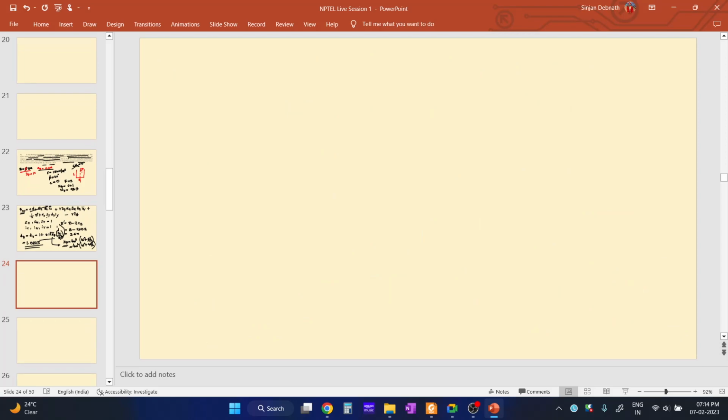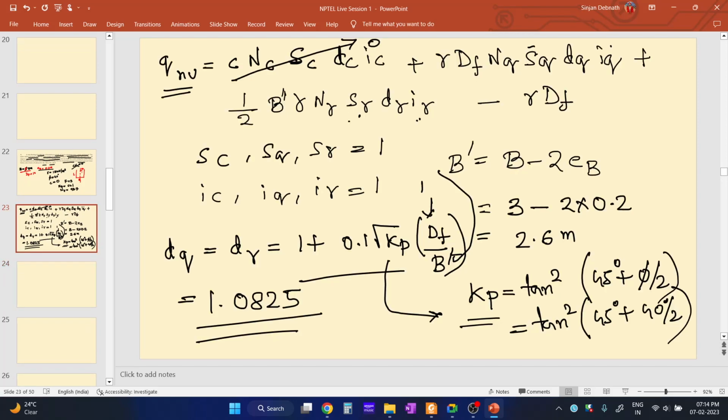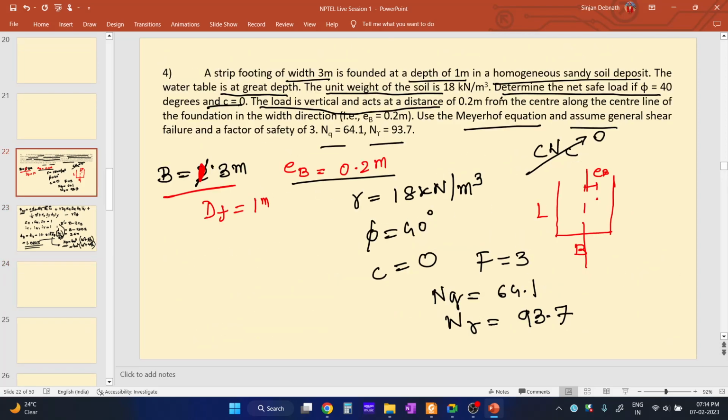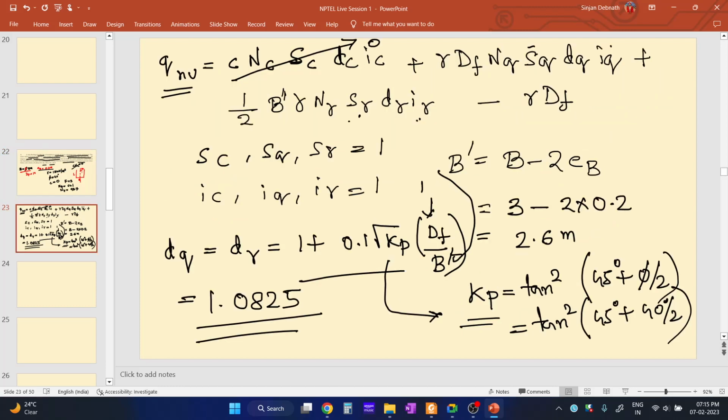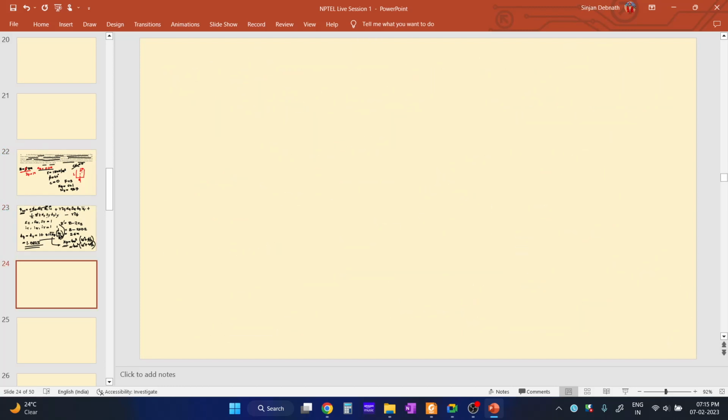So now, what was the question? We need to find out the net safe load. So for net safe load, we need to find out the net ultimate bearing capacity, that is the QNU.